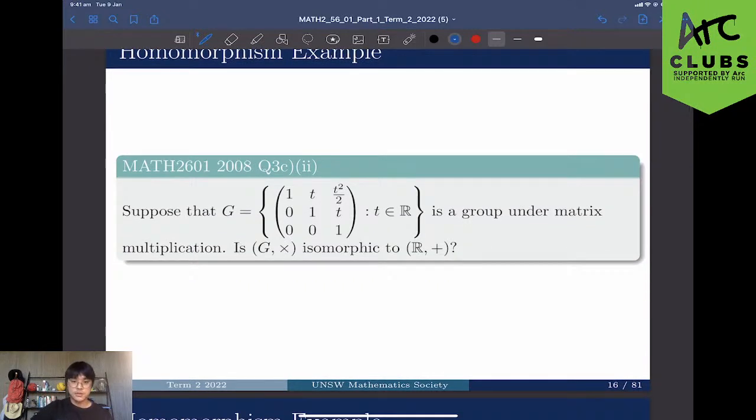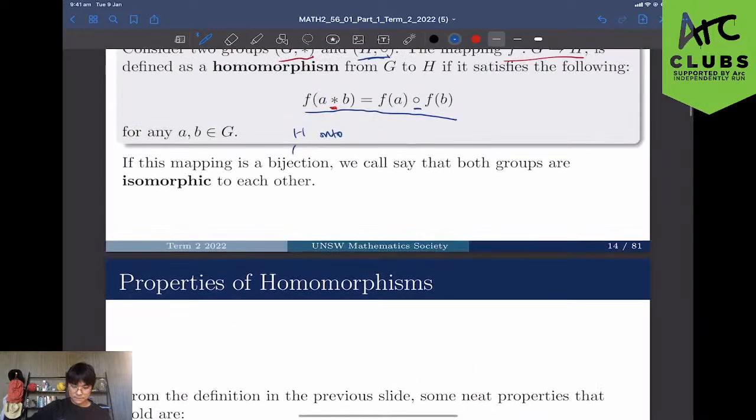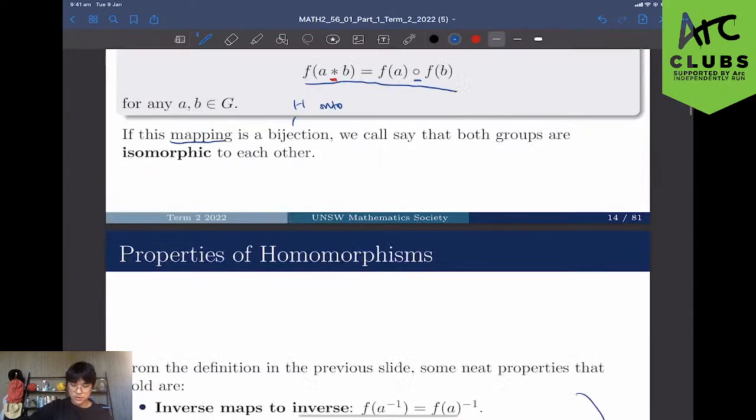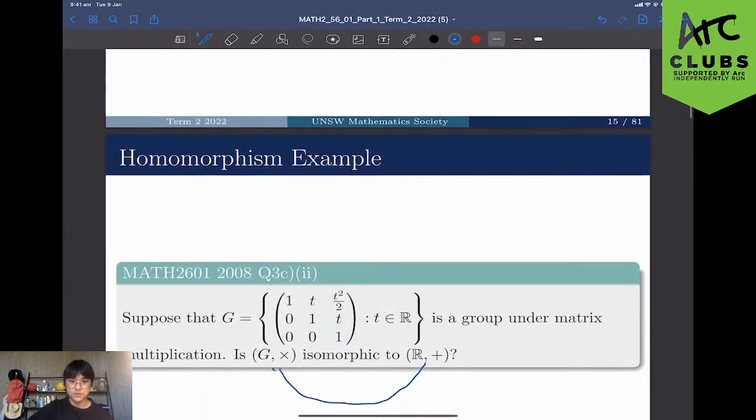To prove that these two groups are isomorphic, we need to first prove that there's a homomorphism between those two groups. And then afterwards, we have to prove that the mapping is a bijection to show that the groups are isomorphic to each other. So there are two stages to this question.